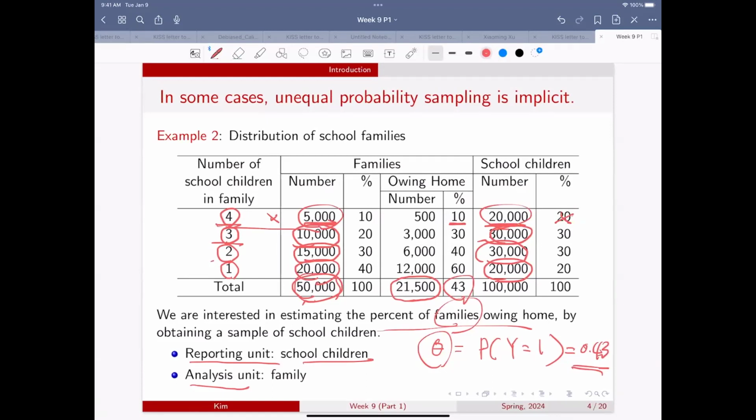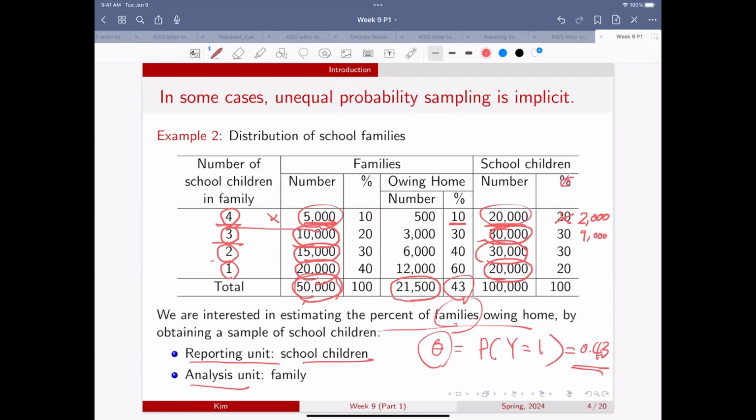So in terms of the children level, we get 2,000. How about here? 30,000 times 30%, so 9,000.